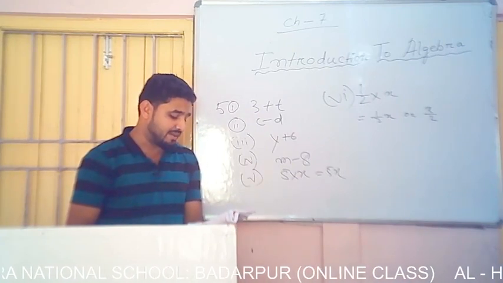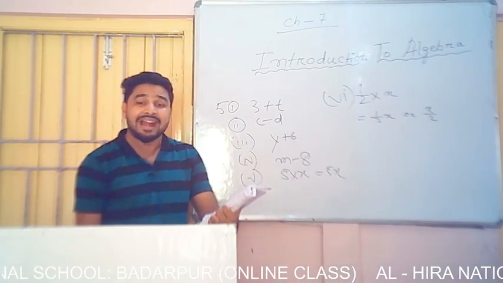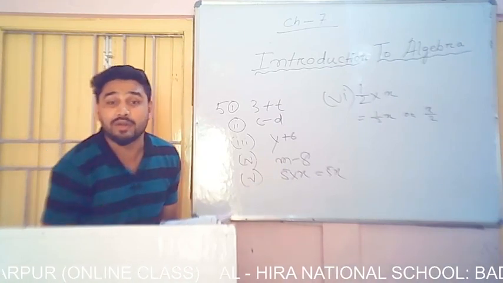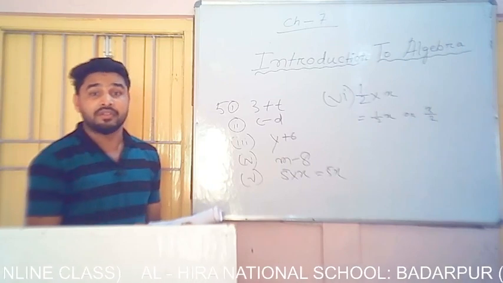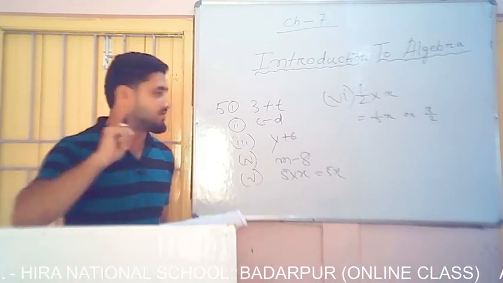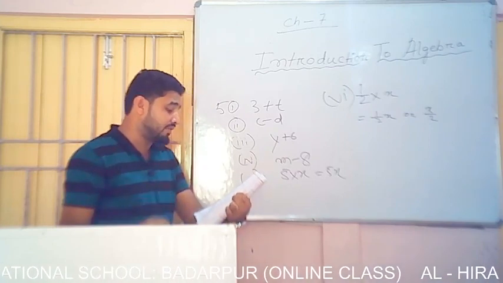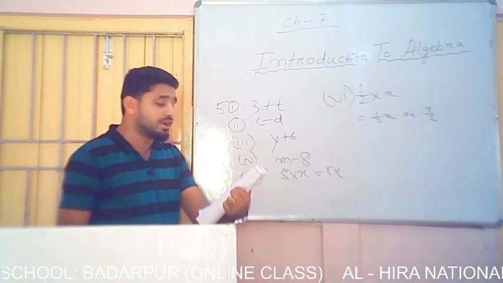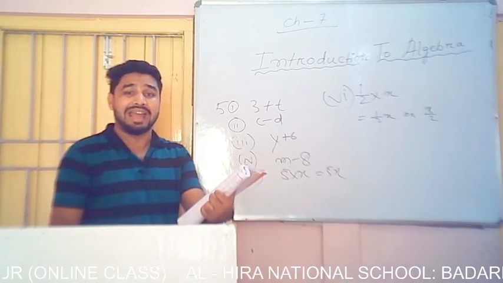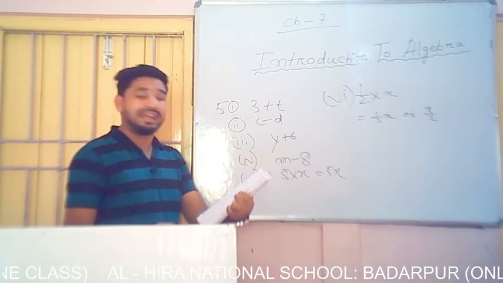Now come to question number 7. The sum of a and b. I said if you get the words sum of, then we should use the operator plus. So in question number 7, we should write a plus b.